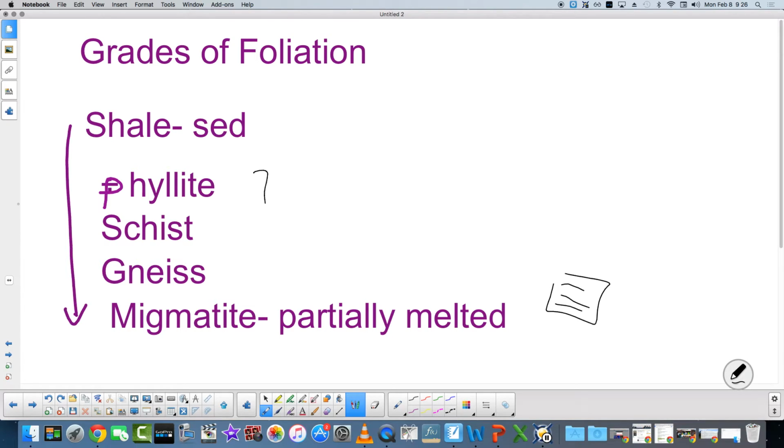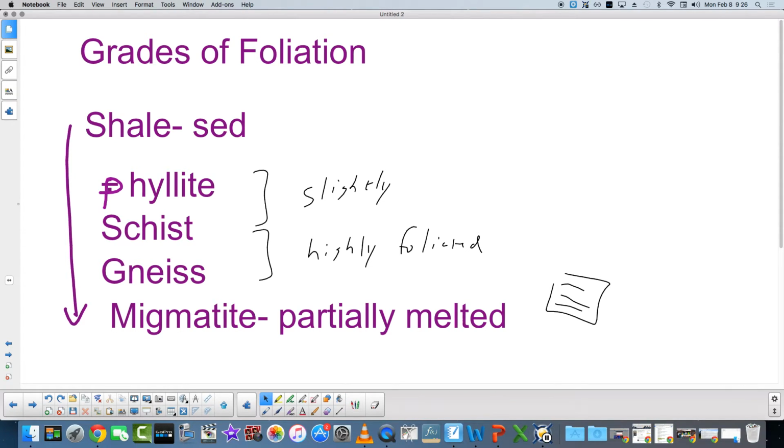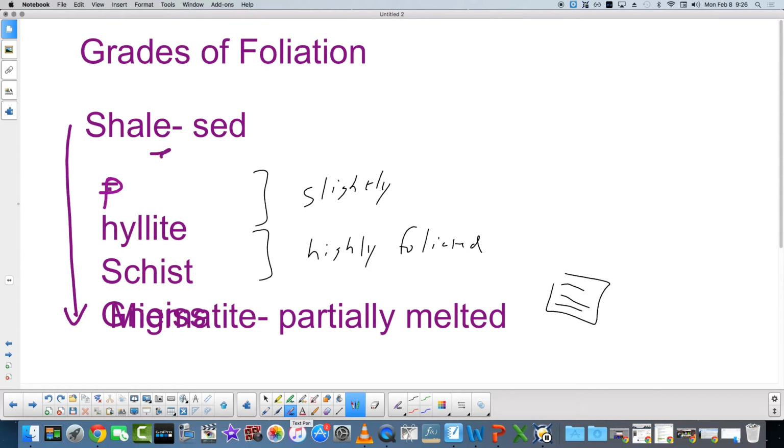These here are slightly foliated. And these here are highly foliated. And I missed one on my list, I realized, which is why I had the long pause there. Underneath the shale, the sedimentary rock, we should have slate, the metamorphic child of shale.